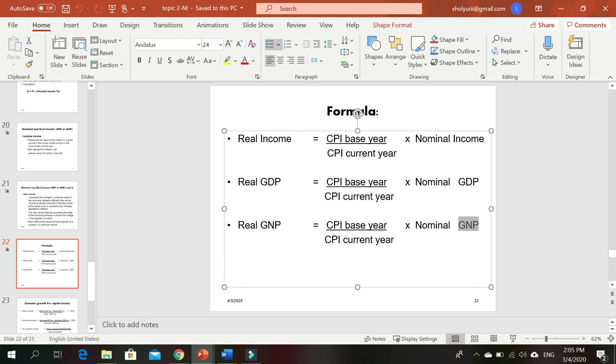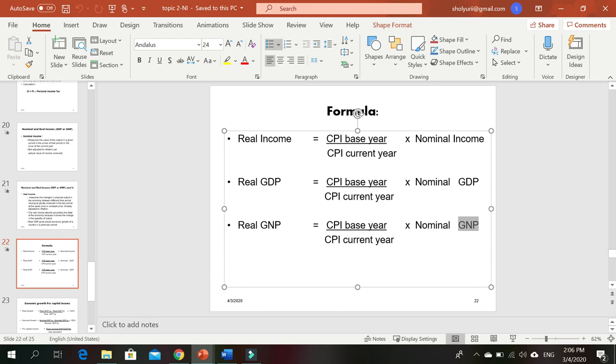For the Consumer Price Index, in the past they asked us to calculate it, but this time around they no longer do. They will give us the Consumer Price Index. Sometimes it has another name, but for your knowledge, the index number is between 100 and 200. So the value will be given, no worries. Normally the base year value is not given, and we assume CPI base year equals 100.